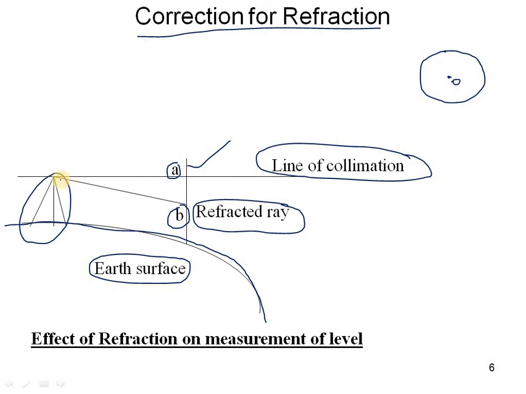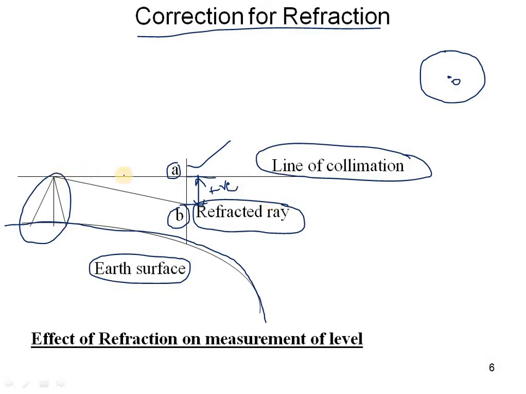When we see the staff reading, it gets an extra portion. This will be positive because the object gets nearer to the line of collimation above the earth surface. So that's why we call it correction for refraction.